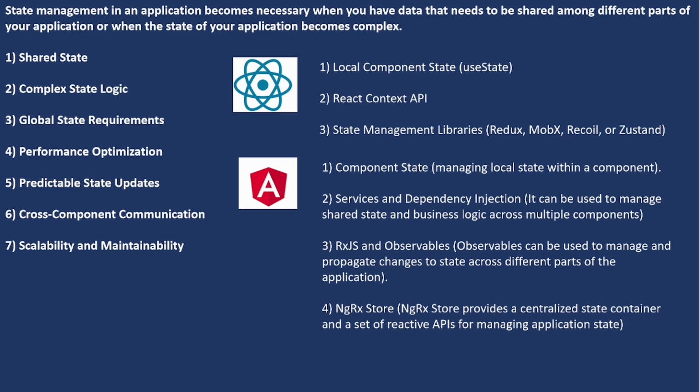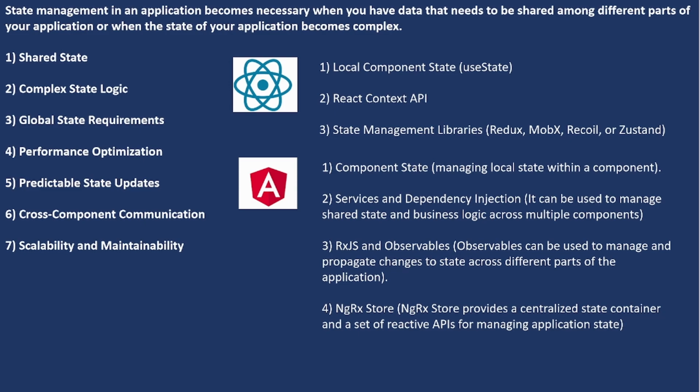Next is performance optimization. What does that mean? Suppose, for example, application performance is critical. Avoiding unnecessary re-renders, guys, and efficiently managing state becomes important. State management solutions like Redux, MobX, as I mentioned, and even well-structured local component state management help optimize performance by minimizing unnecessary renders.